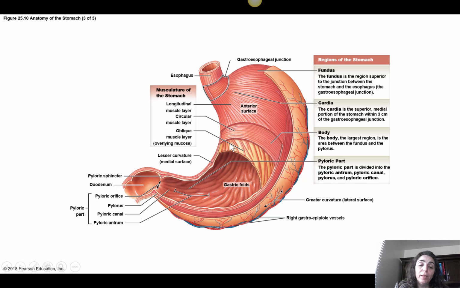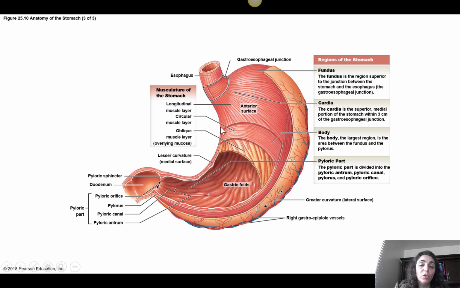When you look at the layers of the stomach from the inside, you see some gastric folds, each one called ruga, altogether rugae. That was the mucosa. Then you have the submucosal layer. Then you have the muscularis externa, which has three layers.